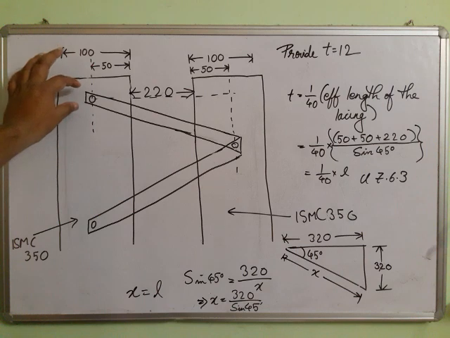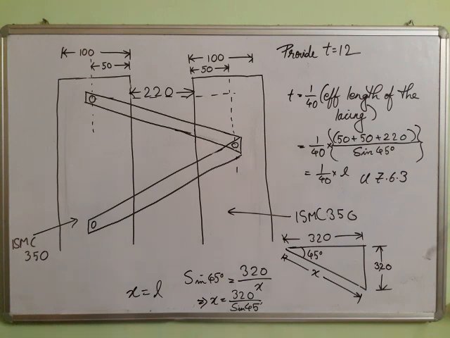Now let us calculate the width. Okay, for width we again open our IS code, and you see the clause number 7.6.2, for the width of the lacing.